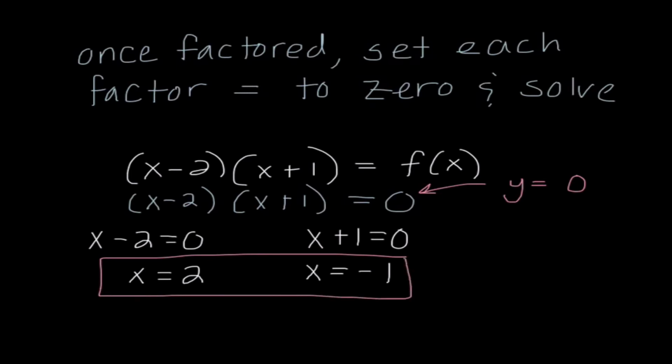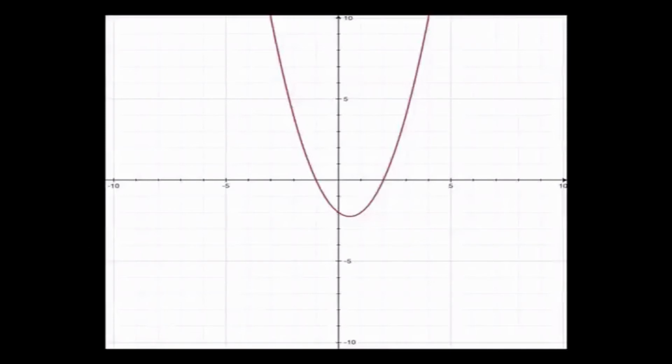Now, what we really did here is we found what we call the zeros. When y is equal to 0, we call those values x-intercepts. So if we looked at this on a graph, this is what we would see. Obviously today we are not graphing, but I just want to point out where our x-intercepts are.